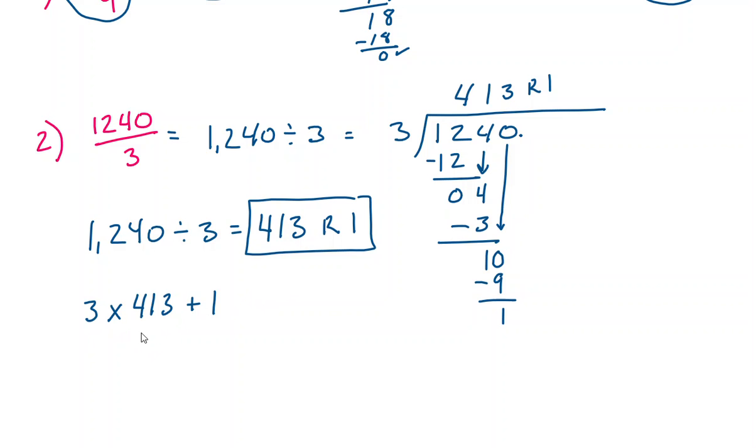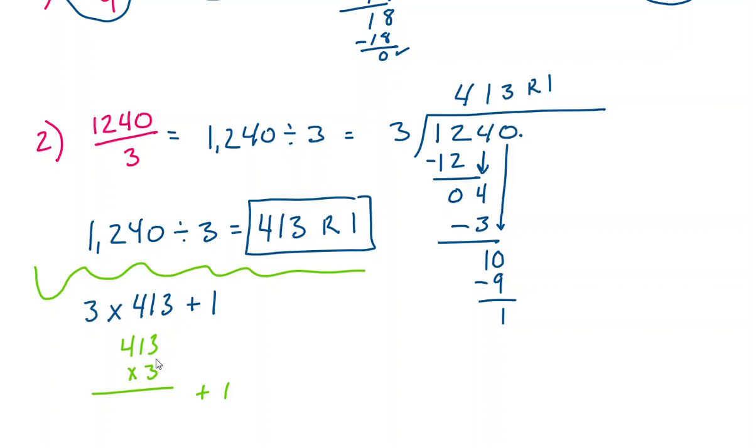So now we can do our multiplication and check it. So right now, this is not the problem. This is just checking to see if we got it right. And this is a good thing to do because you want to make sure you got things right. So I'm going to multiply 413 times 3. And then after I'm done with that, I'm going to add 1.